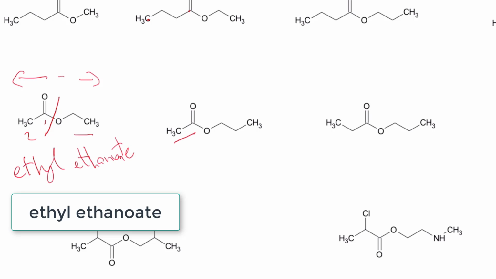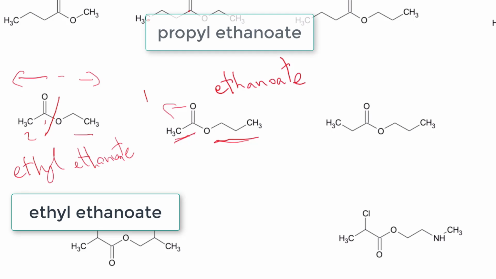This is the acid side, a 2 carbon chain again. I've now got a carbon chain longer on the other side, but it doesn't matter. It's still an ethanoate, because of the acid side of it. And this becomes a propyl group now out front from the alcohol side. Remember, there's a space here.